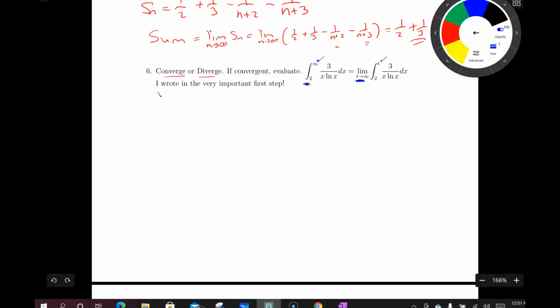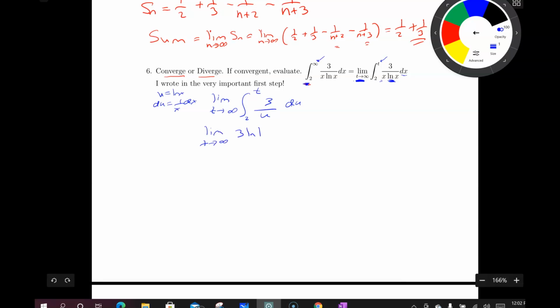I can see that if I do a u substitution with u equal ln of x, I get the limit as t goes to infinity, 2 to t. The 3's just kind of carrying along for the ride. The 1 over x dx gets taken out with the du, and I get a 1 over u, putting the u in for the ln of x. So then I'm going to take the antiderivative.